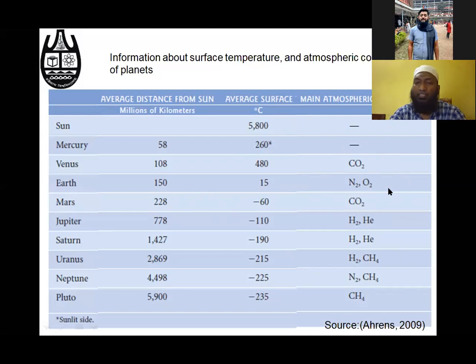So why is there very little carbon dioxide in our case? Venus has a high amount of carbon dioxide, Mars has a high amount of carbon dioxide, but why in between Venus and Mars does Earth not have sufficient carbon dioxide?